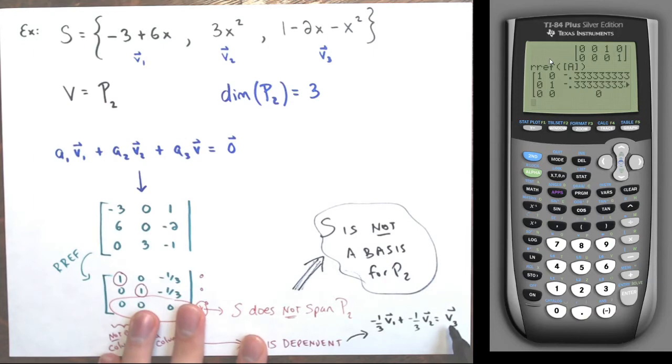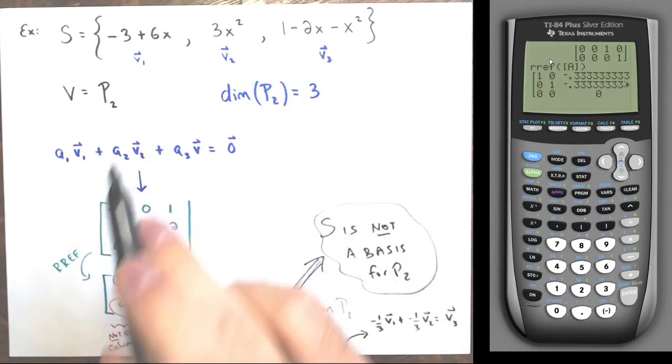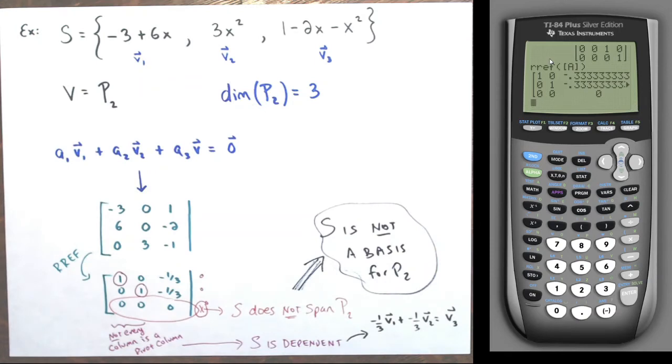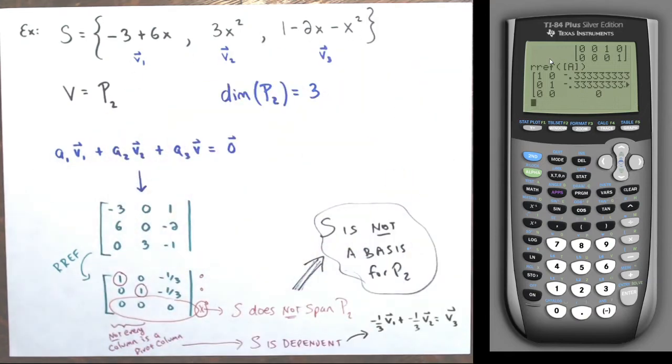You can see you can write V3 very easily as a linear combination of these two. And if you solve this equation for vector 1, you could see how vector 1 can be written as a linear combination of the other two. And if you solved it for vector 2, you could see how vector 2 could be written as a linear combination of vectors 1 and 3. Just know that they're dependent. They're not all needed for this set.